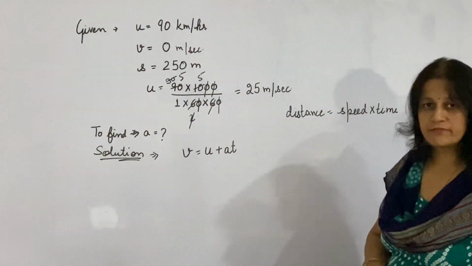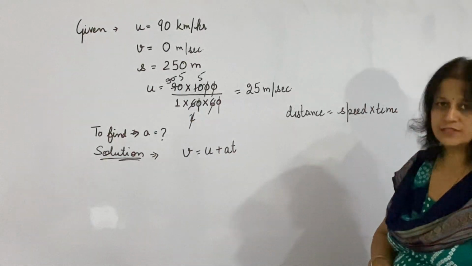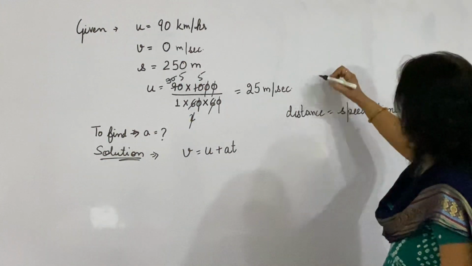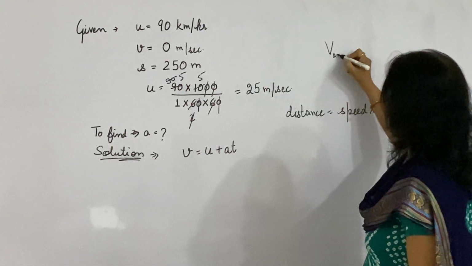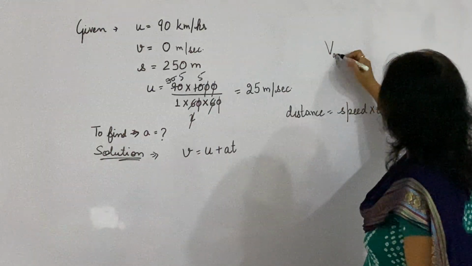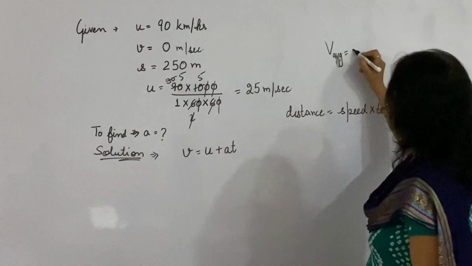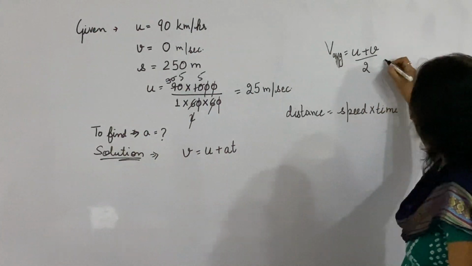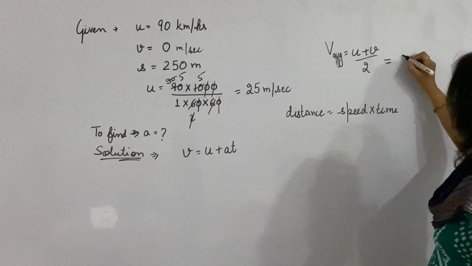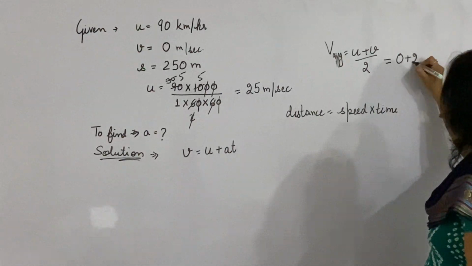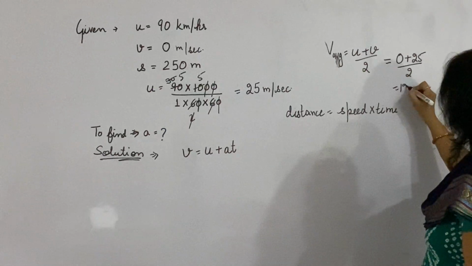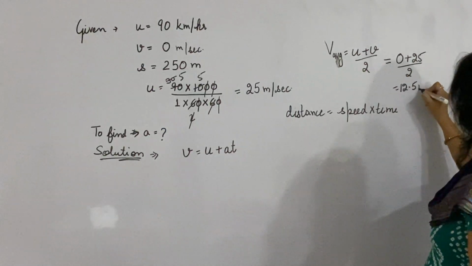In that case, when the velocity is variable, we calculate the average velocity. How is average velocity calculated? Average is u plus v divided by 2, right? This is 0 plus 25 divided by 2, that comes out to be 12.5 meter per second.